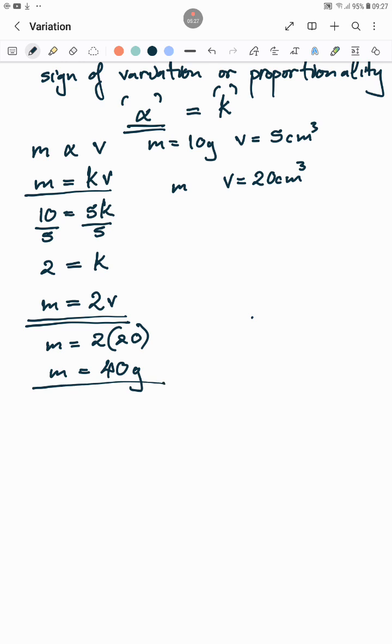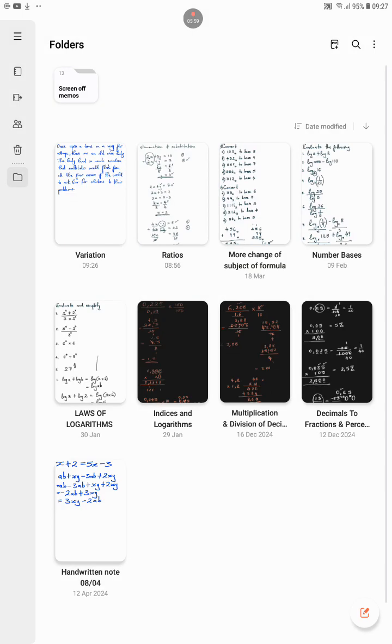And the next question is, find the value of v when m is equal to 4 grams. So you go back again to this equation, you put the value of m, which is 4, and then you write 4 is equal to 2v, and the next thing you are going to divide both sides by 2.